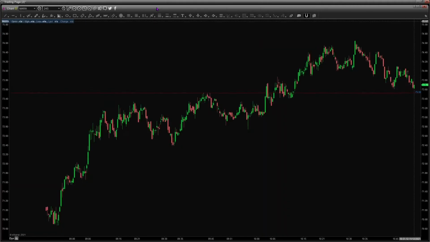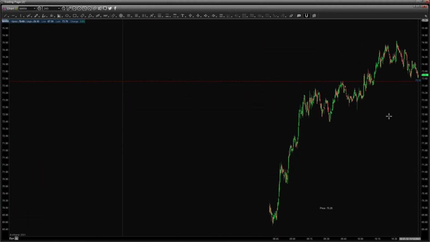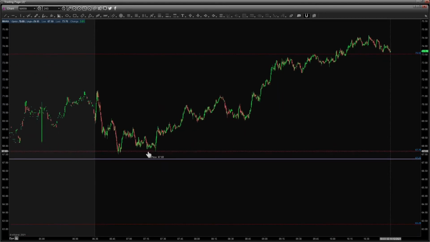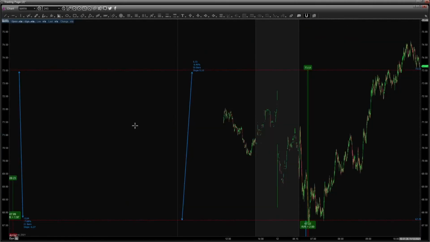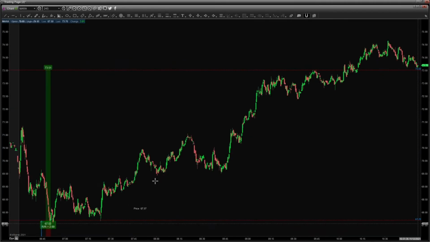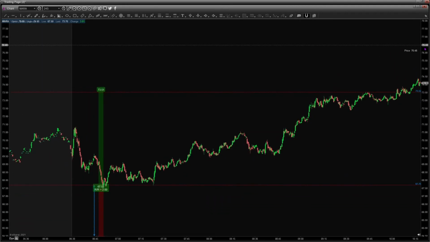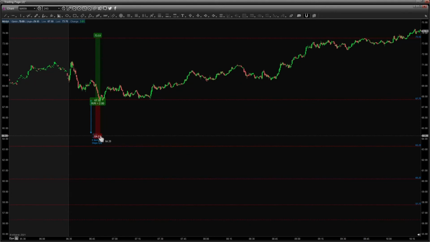So let's go back to this 24-second chart. Let's say you're 75% to full position here. If we again look at our 5-minute chart, you can put a line for your stop out right here, 64.53.